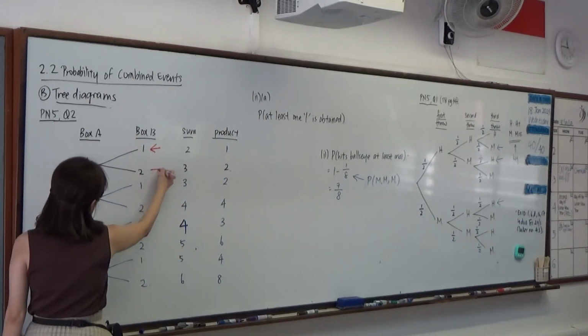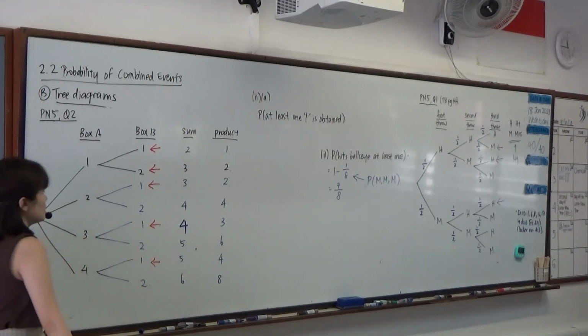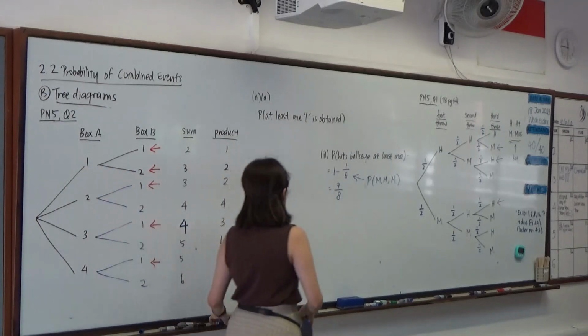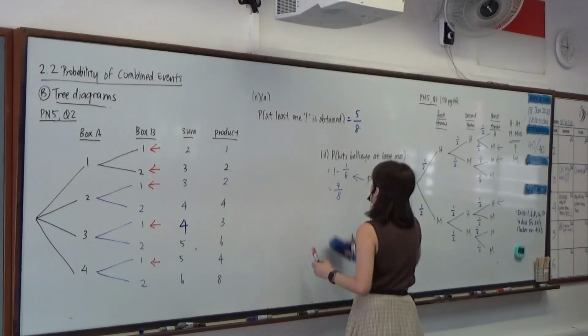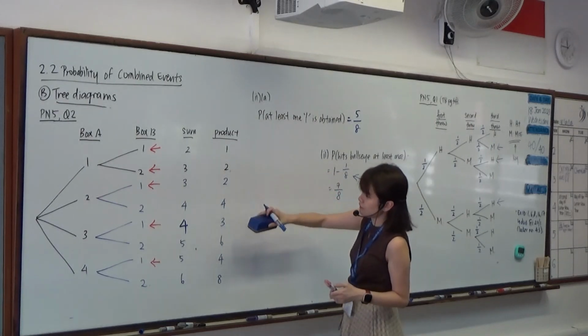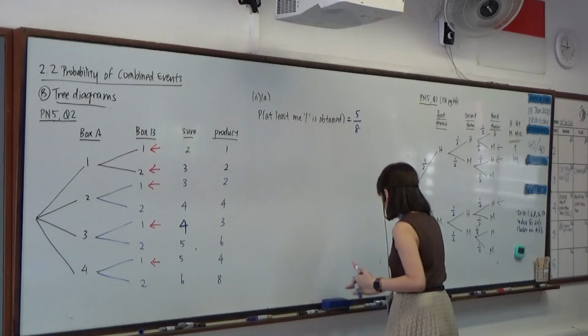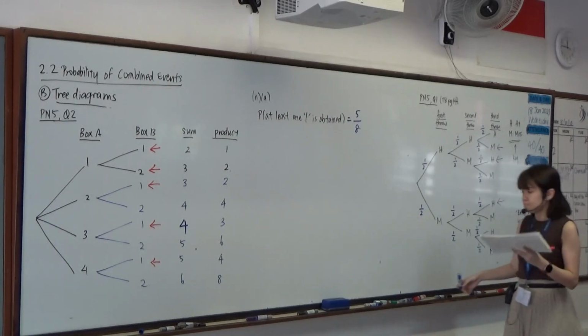This one, this, and this. Right? So there are actually 5 different possibilities, and a total of 1, 2, 3, 4, 5, 6, 7, 8. So 5 favorable outcomes out of a total of 8 possible outcomes.